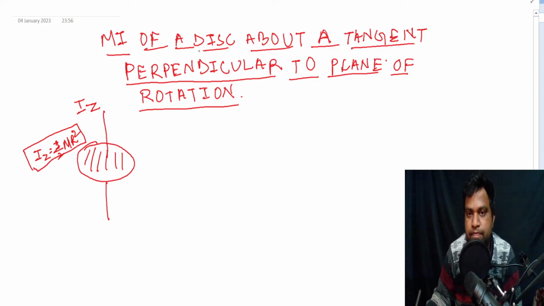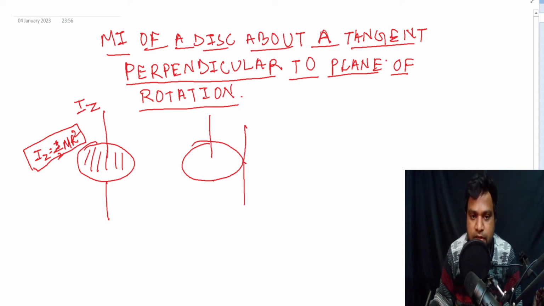Now what we'll do, we are interested to find out the moment of inertia about an axis which is a tangent and perpendicular to the plane of rotation.